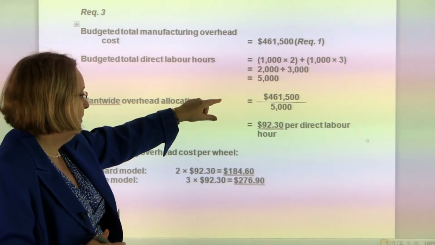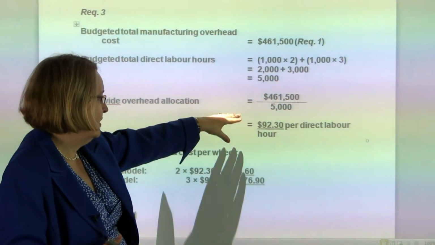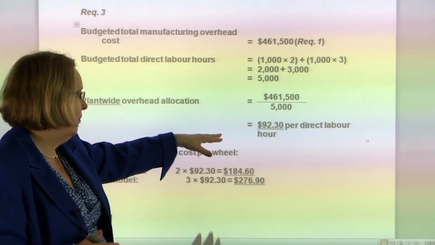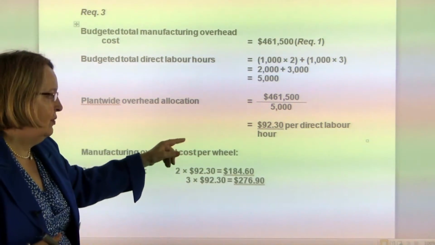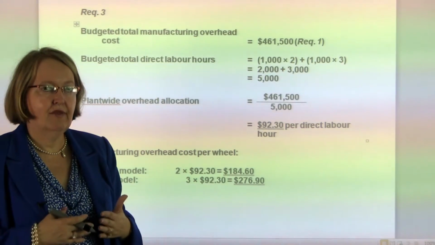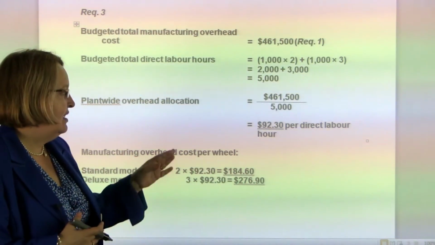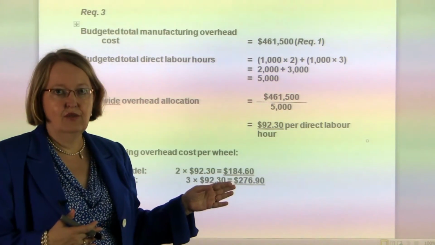So we take your 461 divided by the 5,000, and you're coming up with a rate of $92.30 per direct labor hour. So what you're saying here is for every hour each product is using in labor, you're going to add $92.30 to that cost.